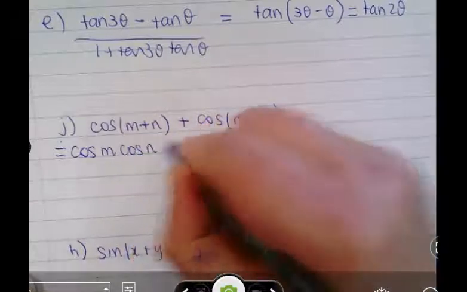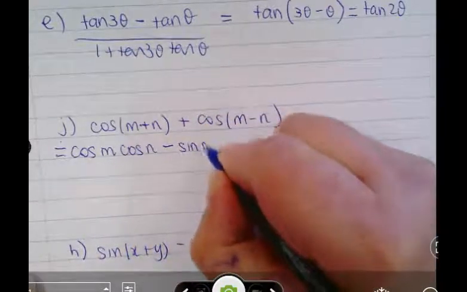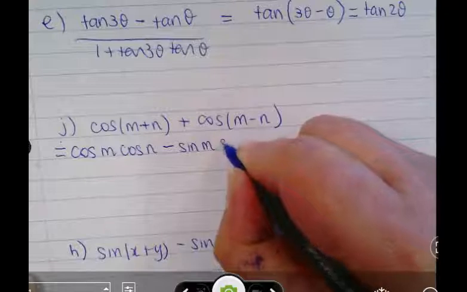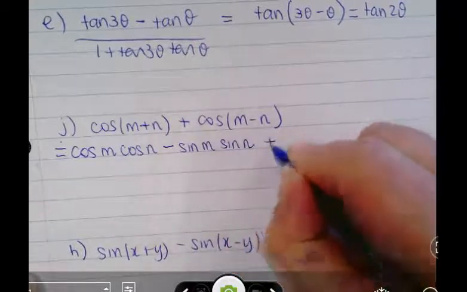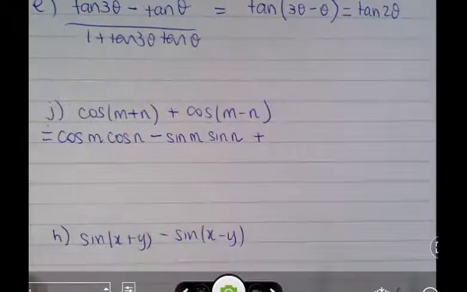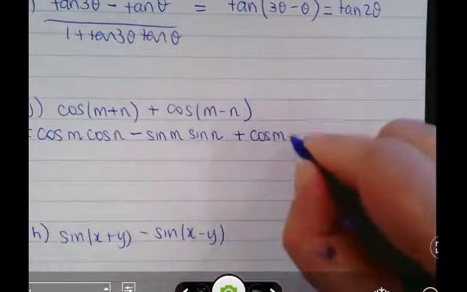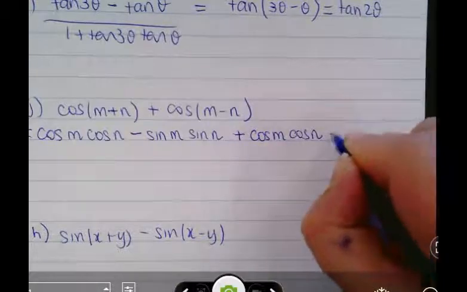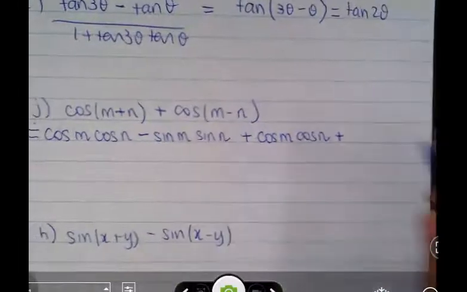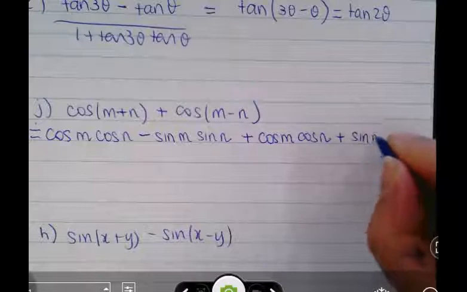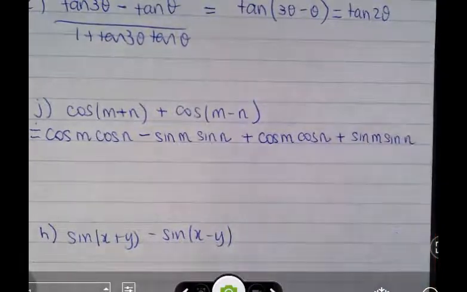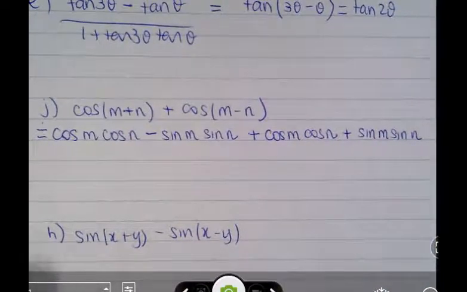Cos m cos n minus sine m sine n, plus, here's the cos one again. What do I do with the sines? Cos m cos n, plus, so change the sign for this one, plus sine m sine n. Good luck. Wish I would have put A and B.